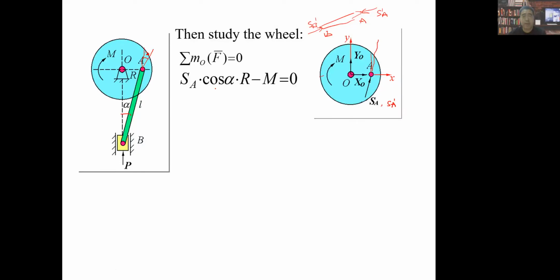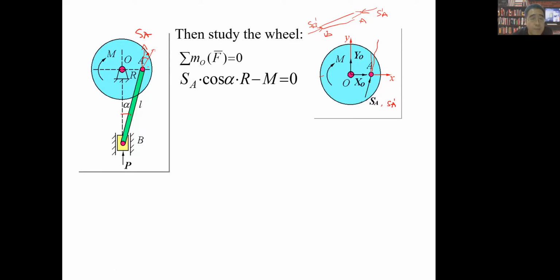So we can give that SA times cosine alpha, because this is SA, so SA times cosine alpha is a component of this force SA along this direction.